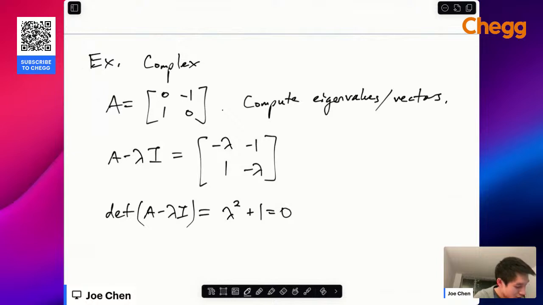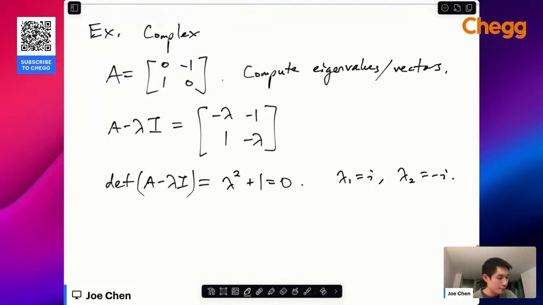Okay, so we solve this. Usually for a complex question, you would use the quadratic formula, but here I gave myself an easier question. So here it's easy to solve that. Lambda is going to be plus or minus i. So let's say lambda 1 is i, and lambda 2 is minus i.